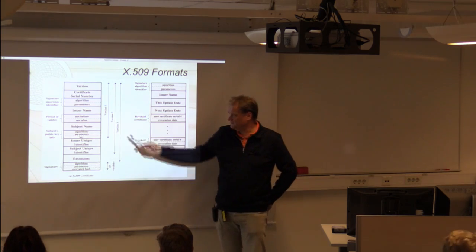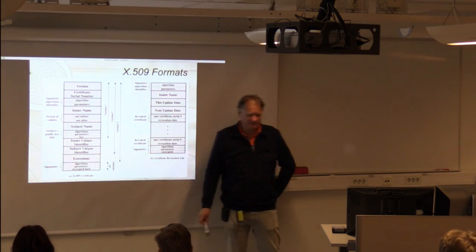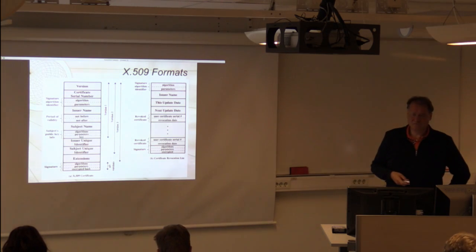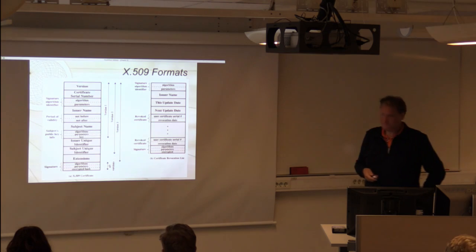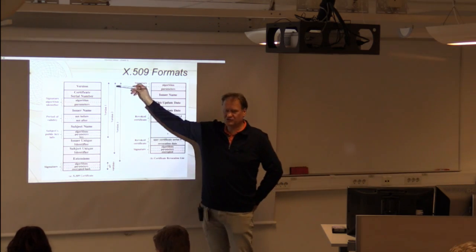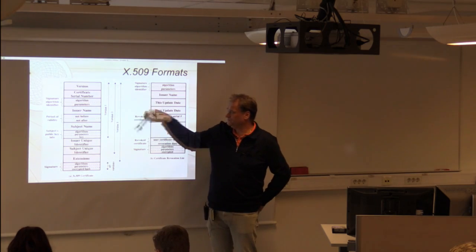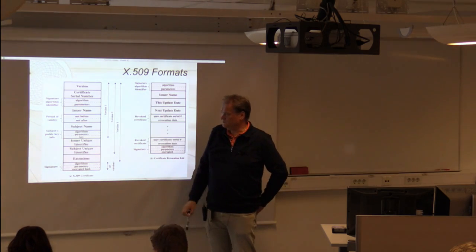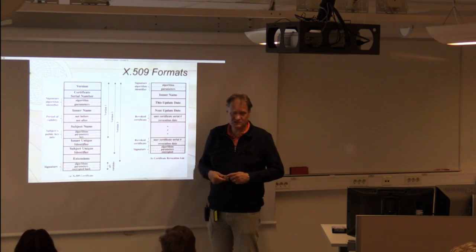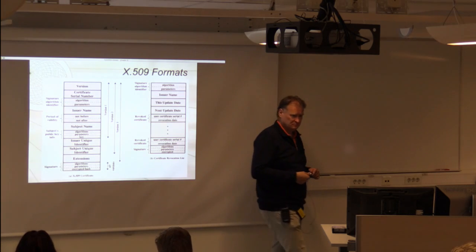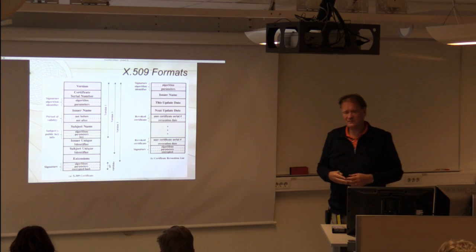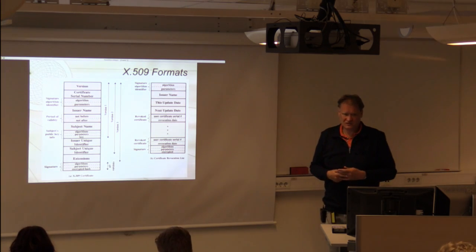As you see, we have different versions of this protocol X509, and each version has added more information to the certificate. We start at the top with a version, which is 1, 2, or 3. Then we have a serial number for the certificate. That serial number is not globally unique, because we have many different certificate authorities, so the serial number is only unique within a certain certificate authority.